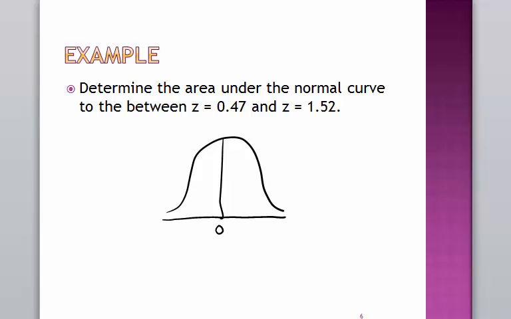So 0.47 is going to come in first, and 1.52 will be next. And the problem asks us to determine the area between these two numbers, and so we'll shade in between.